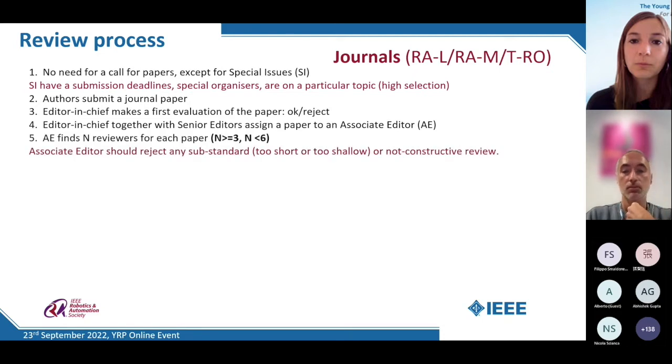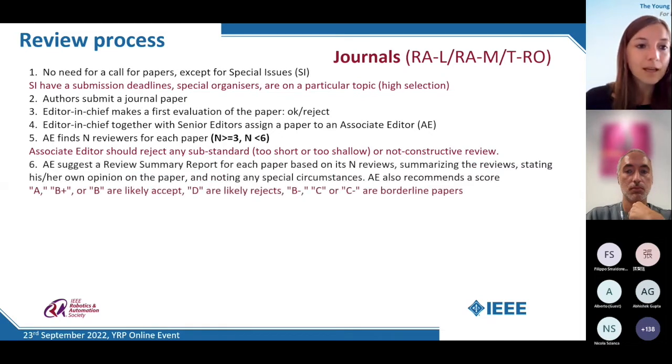And as before, the associate editor finds a number of reviewers for each paper. This time, the number of reviewers must be more than 3, but fewer than 6. And again, the associate editor will reject any review that is substandard. As before, there will be a review summary report for each paper based on the reviews, on the opinion of the associate editor, and also the score.